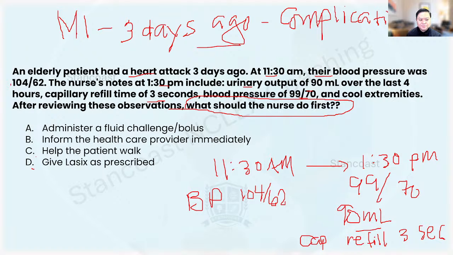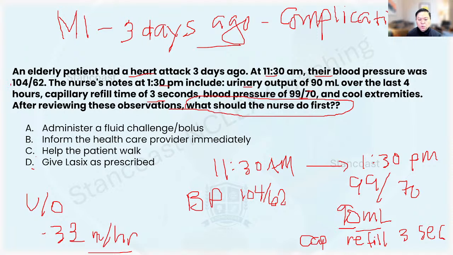Okay? These are significant changes in your patient. Even though the blood pressure doesn't look too low, and the urine output is 90 mLs in 4 hours, remember the urinary output should be at least 30 mLs per hour. This is our lower limit, okay?